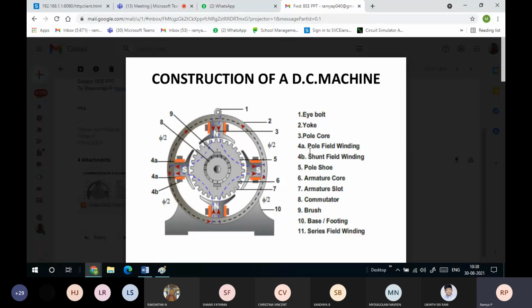And what is the choice of material? If you go for any field winding, what kind of material are you going to use? Whenever we go for field windings, in general we use conductors of aluminium or copper. Both are a choice. Copper is a little bit costlier compared to aluminium.